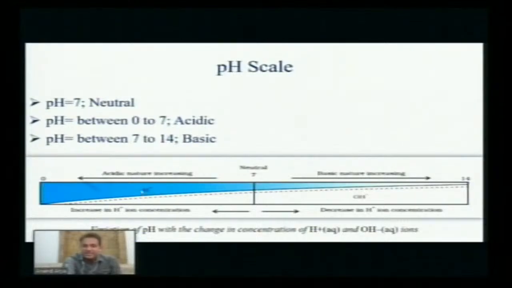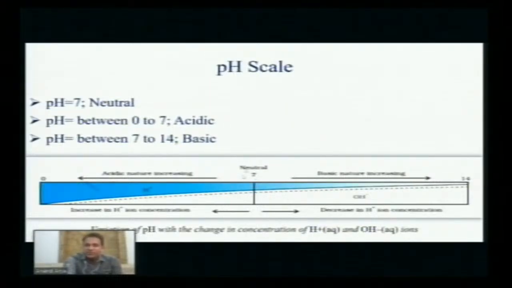And as we have said, acids that produce more H plus ion concentration are stronger acids. So if you are moving from 7 to 0, their acidic strength is increasing.